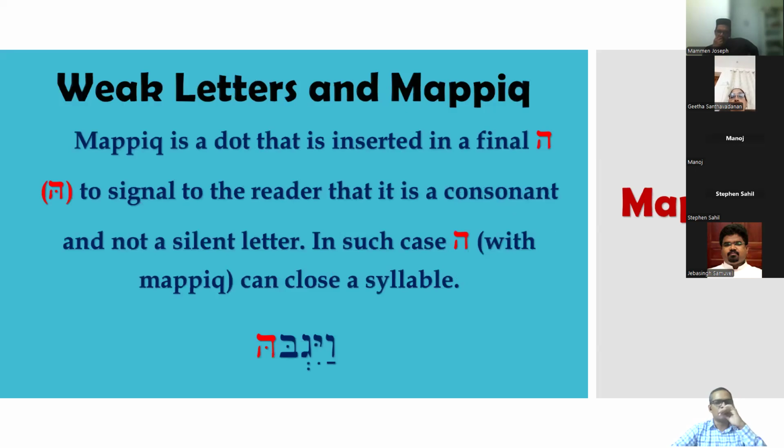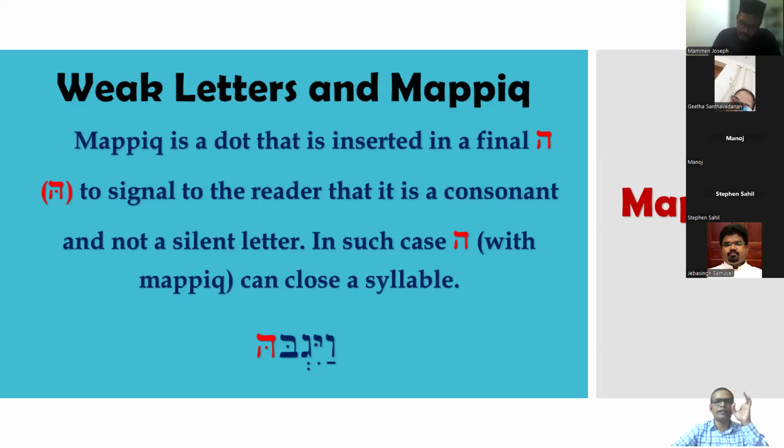Now, there is a small dot which will be kept at the center of he when it appears as the last letter. I said that he cannot be pronounced when it appears at the end of a word. But grammarians have coined a point called mapik.